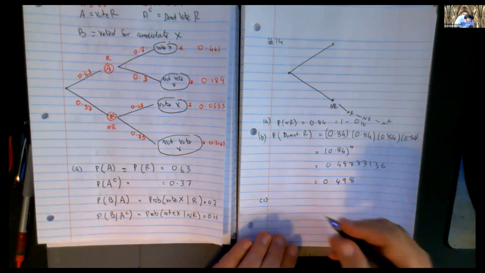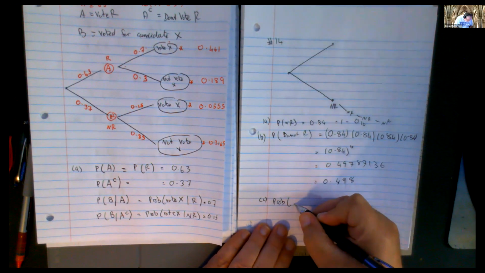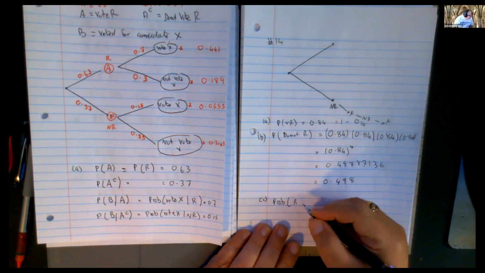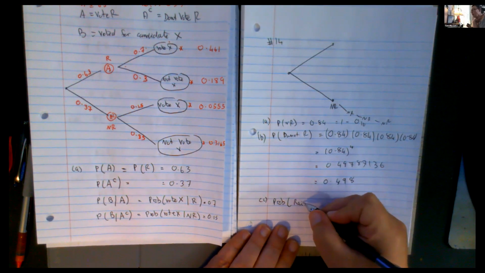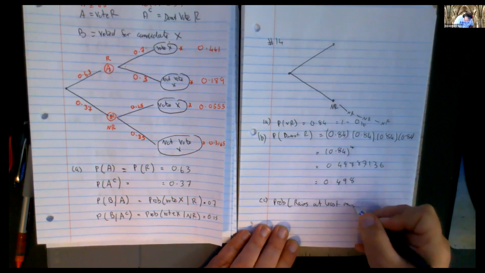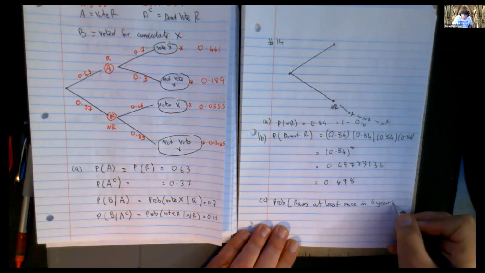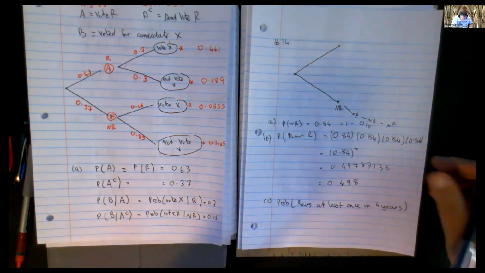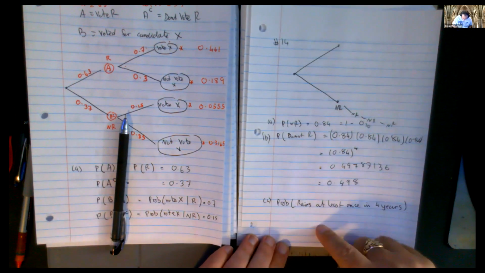So what you're being asked to find is the probability that it rains at least once, right? Let's make sure it's the right way around. That it rains at least once during the 4 years of attendance. Now, you might say, well, can't I just use, like you did, 0.16, 0.16, 0.16, 0.16?